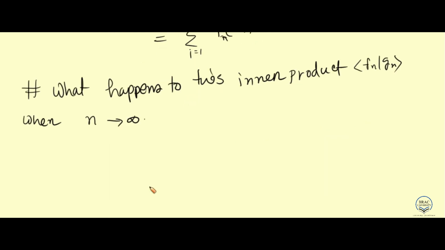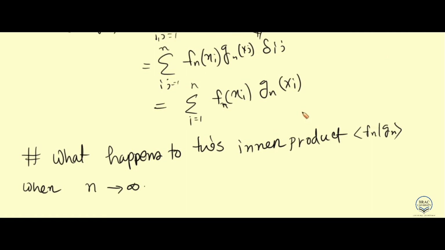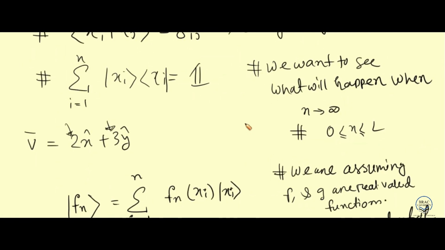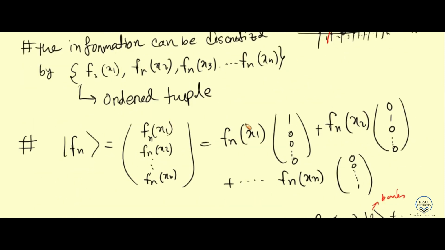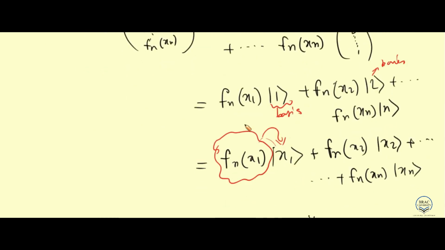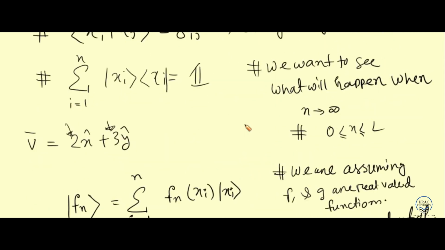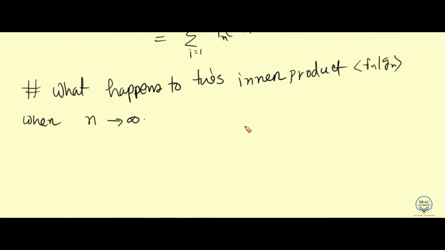Now this sum will diverge. You can see that even when our basis vectors are infinite, we don't have any problem with the vector addition and scalar multiplication, because they're not diverging. But this inner product, this will diverge.